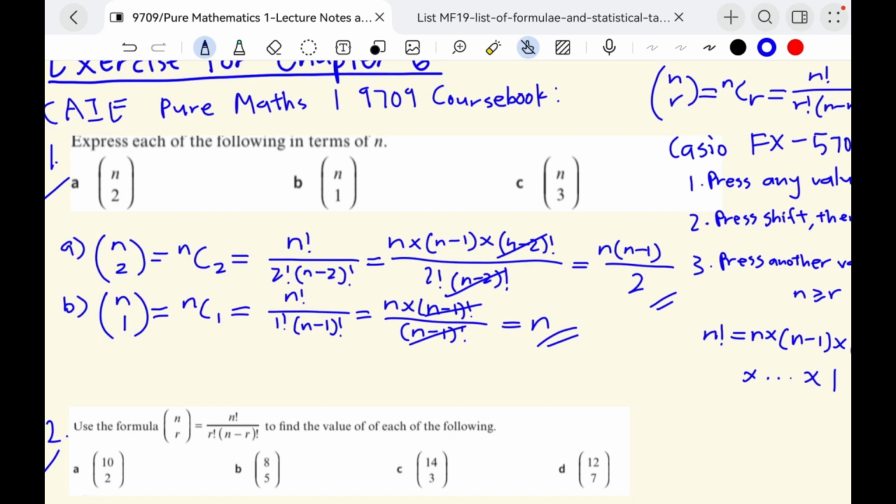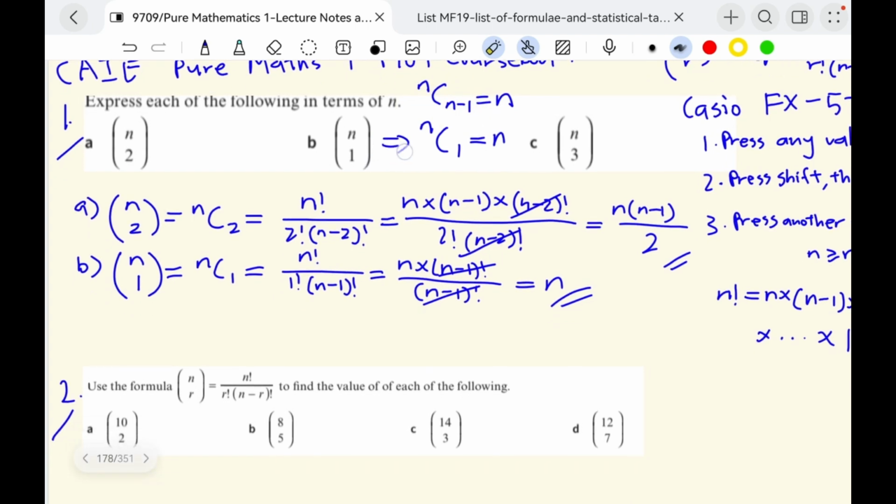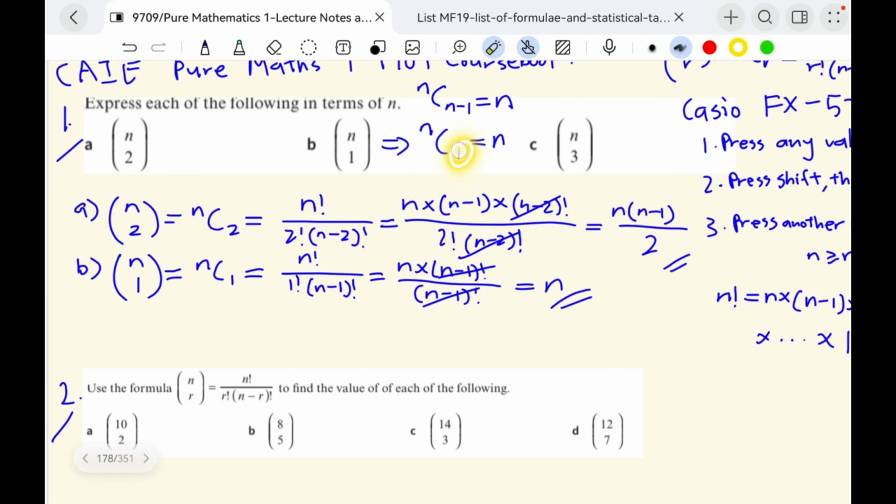This can be summarized as: no matter what your n is, nC1 is n, and nC(n minus 1) is also n, because you only have n ways to choose n minus 1 out of n. Same as this one, you can only choose 1 from n, which means that you have n selections.